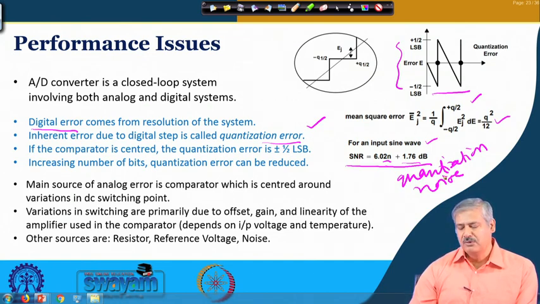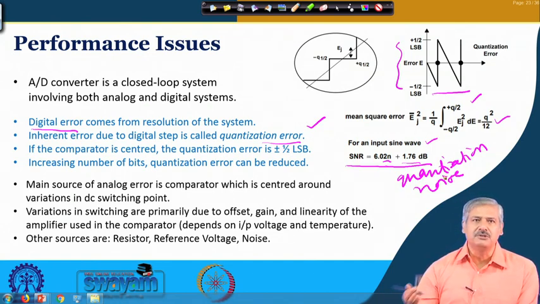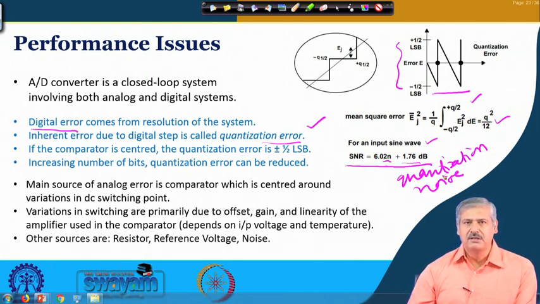Fine. We take this result here to know that this is an important performance issue of an ADC. And also we take note that if we increase the number of bits, then this quantization noise effect is less and the signal to noise ratio is higher.